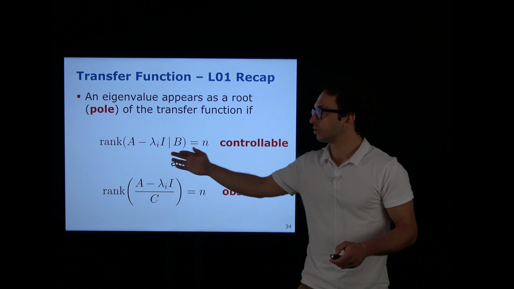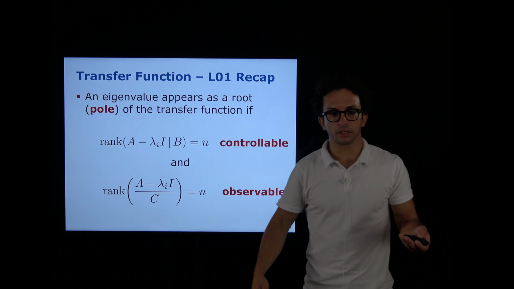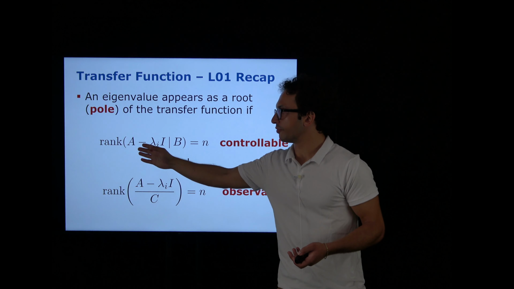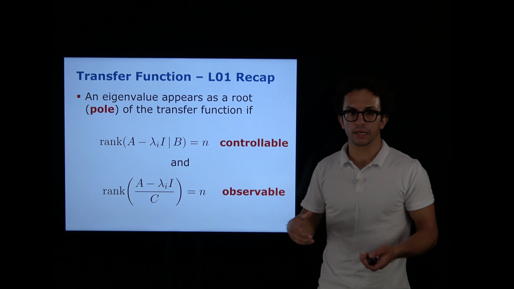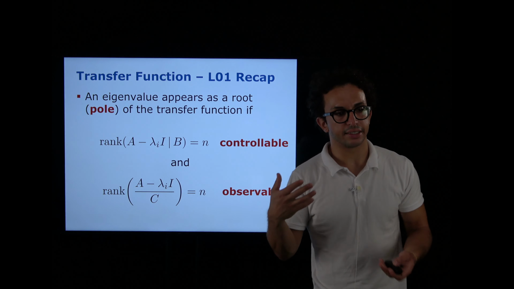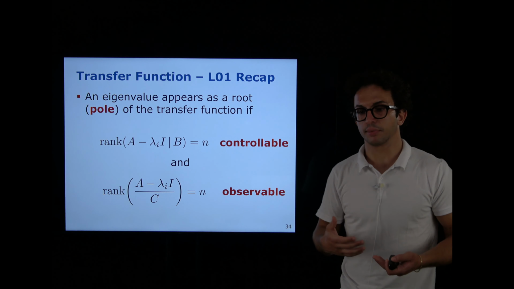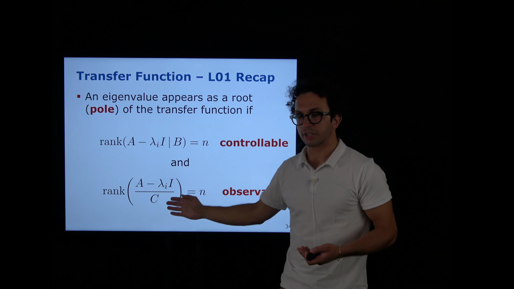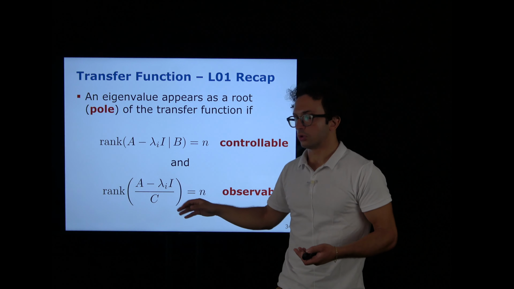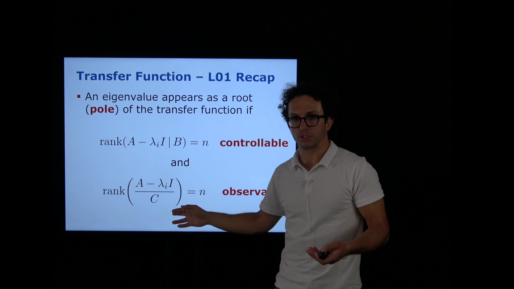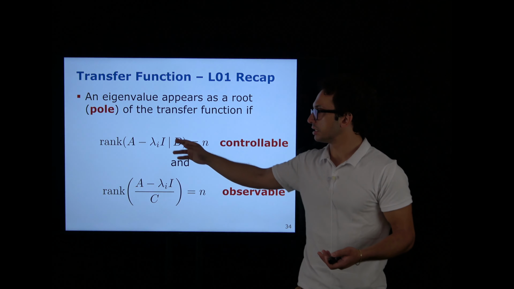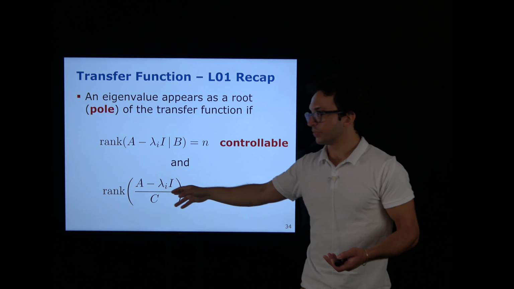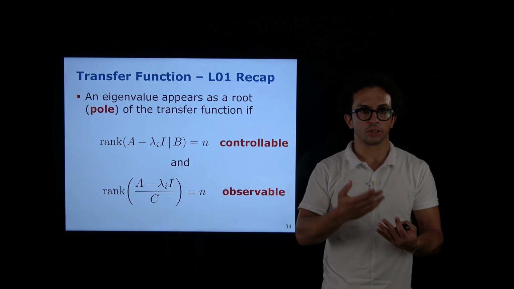And so an eigenvalue lambda I, in order to appear, has to be controllable. So the rank of this matrix should be equal to n, so it has to be full rank, where n is the dimension of the state variable, and the rank of this other matrix here should also be equal to n, and so the eigenvalue must be observable. I remind you that these lines here basically indicate the juxtaposition between matrices.